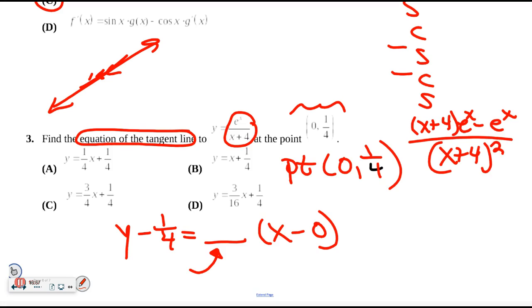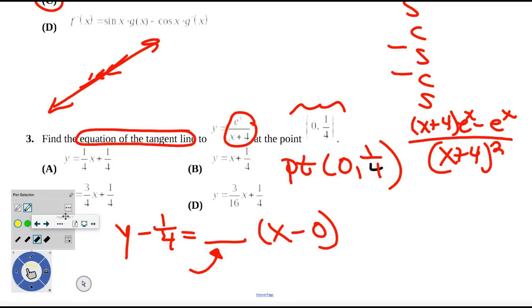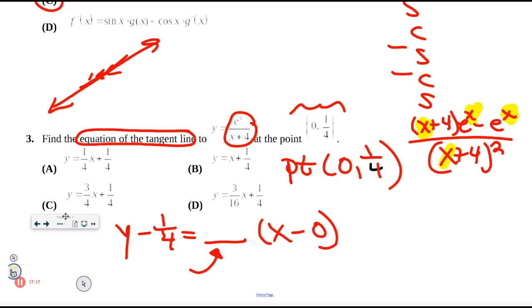And I need to find that derivative when x is what? 0. So I'm going to go take that 0 with my highlighter here. And I'll go put a 0 in for all these x's because I want to find what is the derivative at this point.